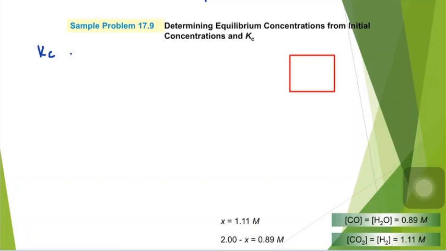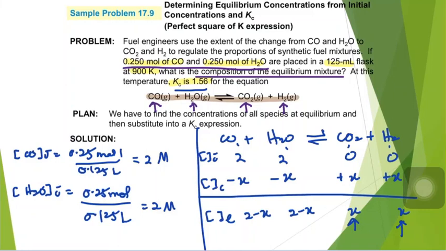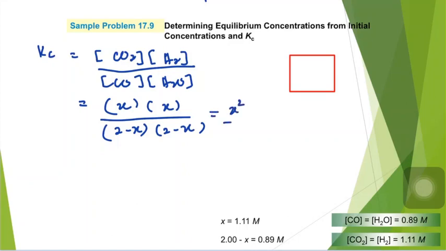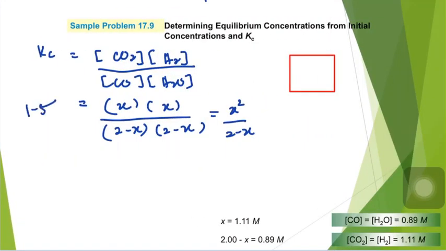So Kc is equal to, referring to our equation, CO2 multiplied by H2 over CO multiplied by the concentration of H2O. Remember, CO2 is X, H2 is X, both H2O and carbon monoxide are 2 minus X, so our expression will become X multiplied by X over 2 minus X multiplied by 2 minus X, which is equal to X squared over 2 minus X squared. And the value of Kc is 1.56.